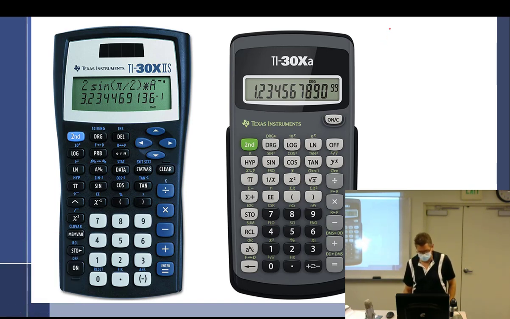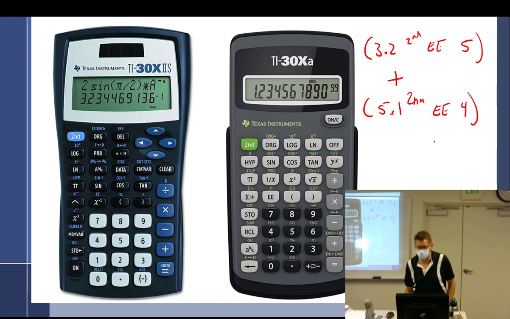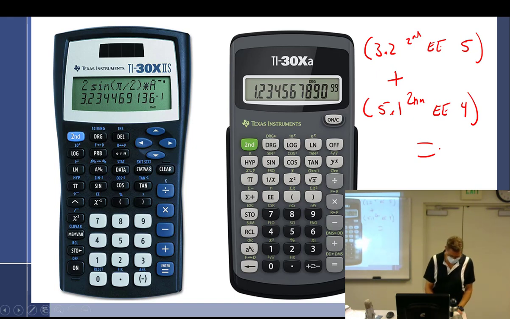Parentheses, literally the parentheses, 3.2, second key, EE, and then the 5, and then close parentheses, plus open parentheses, 5.1, second key, EE, then 4, then close parentheses, then equals. And hopefully you get the right answer.